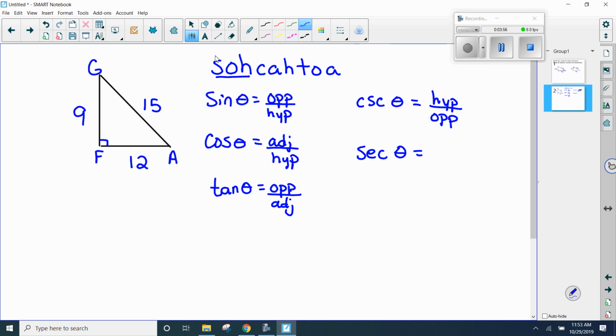So the reciprocal, or secant, being the reciprocal of cosine, is going to be the hypotenuse over the adjacent side. And the last thing you have is cotangent, which is the reciprocal of tangent, which is the adjacent side over the hypotenuse.